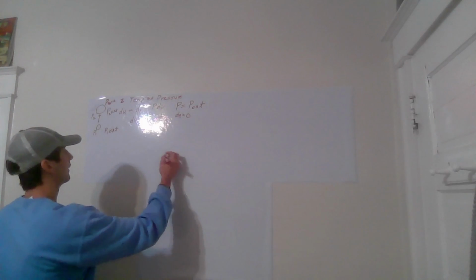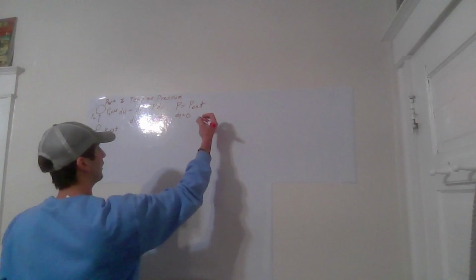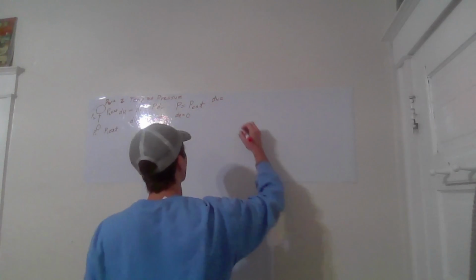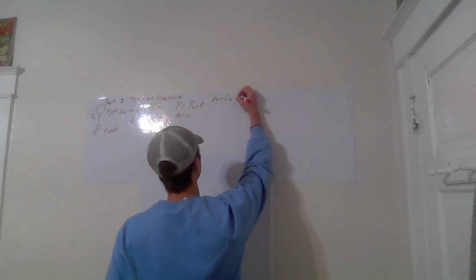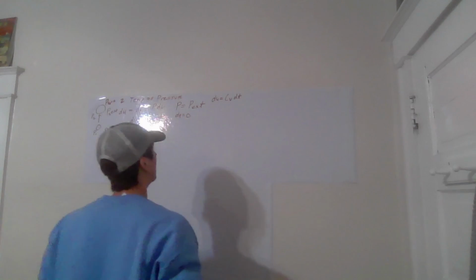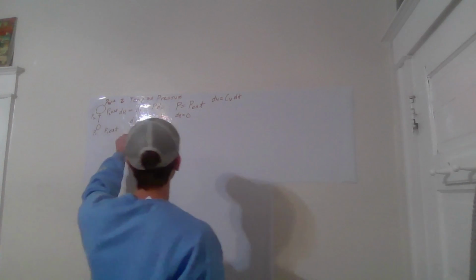And then incorporating our ideal gas law, we need to replace this pressure, but we also need to replace our internal energy. So our internal energy, dU, is going to be equal to the specific heat, CV, times our change in temperature. And that can replace our dU here.